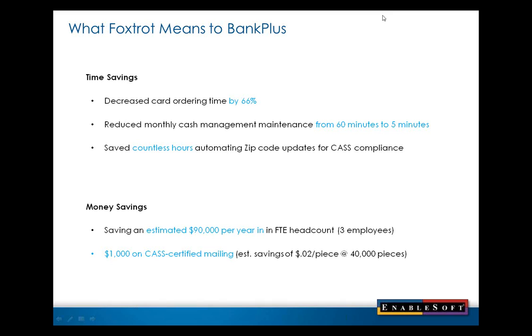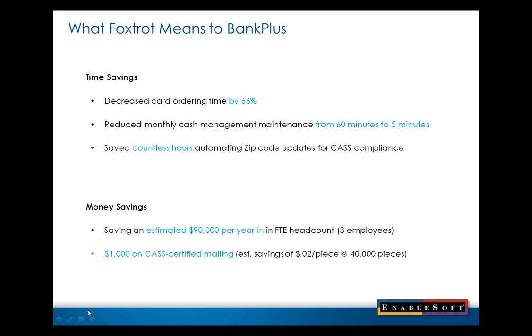We've reduced the time it takes to input the monthly cash management fee batch from 60 minutes to 5 minutes, and we saved countless hours when we automated the zip load updates for our CAS certification compliance. As far as money, I would estimate we're saving about $90,000 a year.